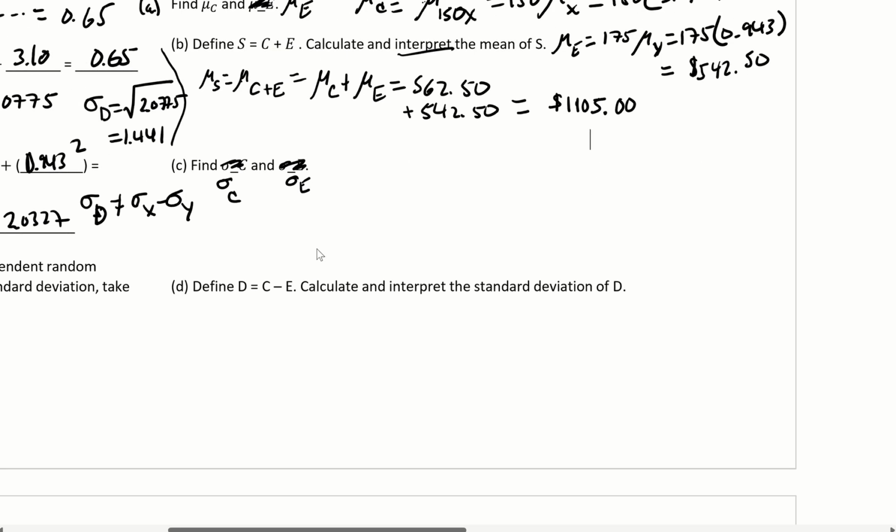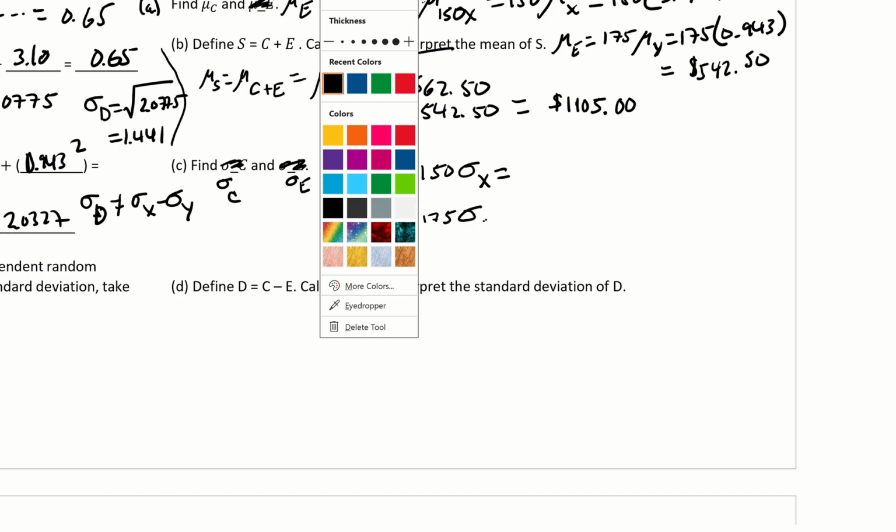All right, so let's calculate sigma C. Sigma C has to do with the 150; he charges 150. So it's 150 times the standard deviation for X. Remember, multiplication affects mean and standard deviation. Now, Aaron charged 175, so that means it's going to be 175 sigma Y. Then we can just multiply those.